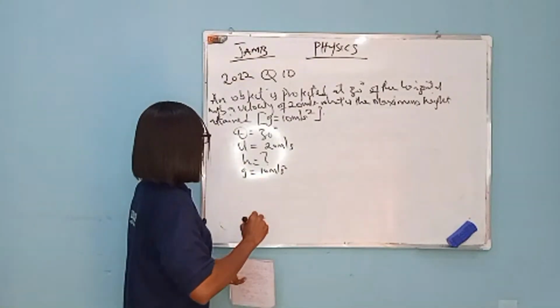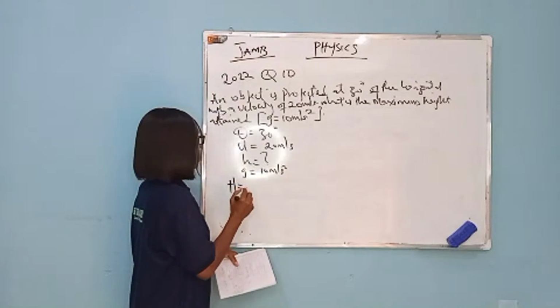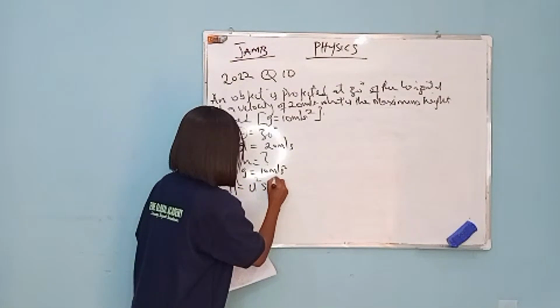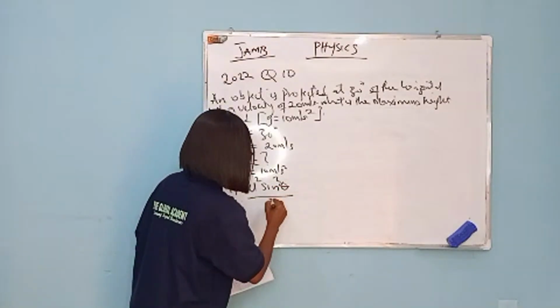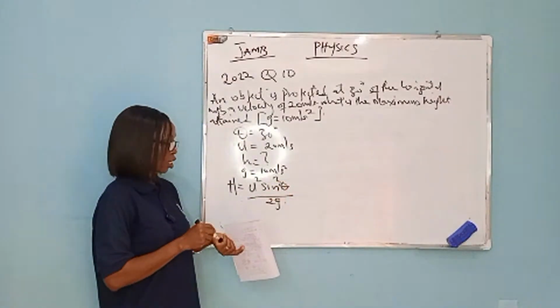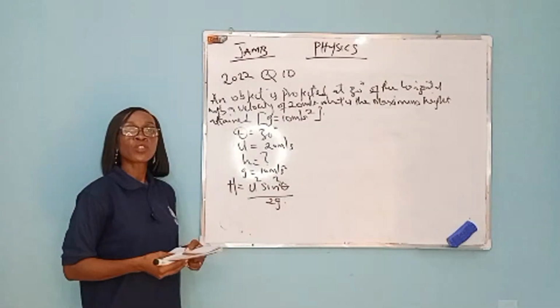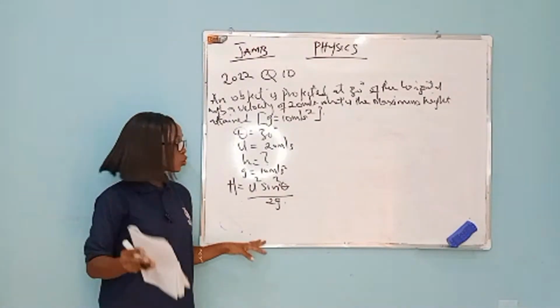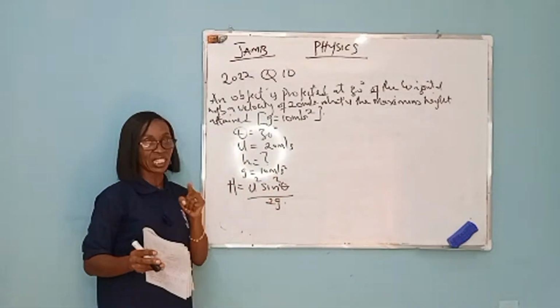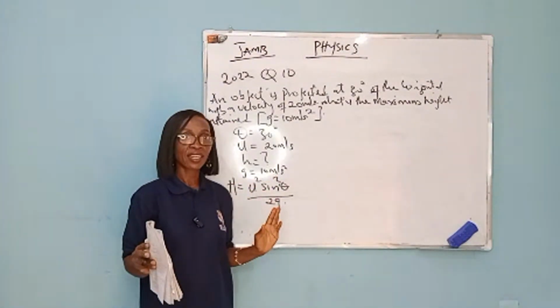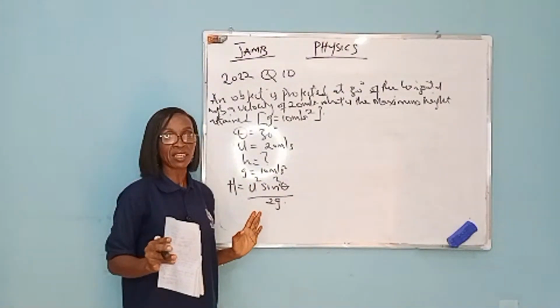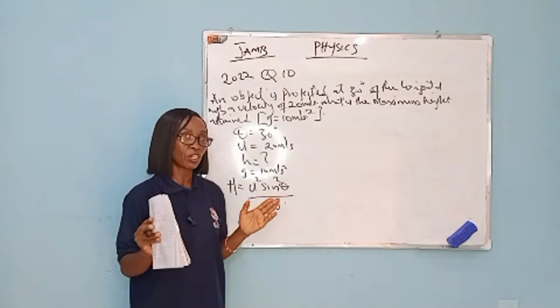Having known that, to get the height of a projectile, you have u squared sine squared theta all over 2g. Please, there's a difference between sine squared theta and sine 2 theta mathematically. They are two different things, so we should be conversant with our calculation.